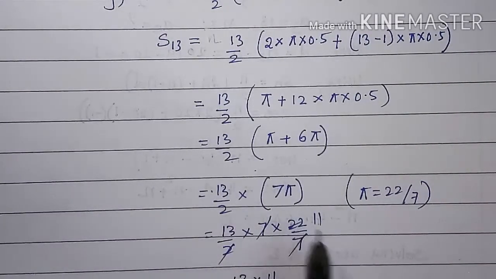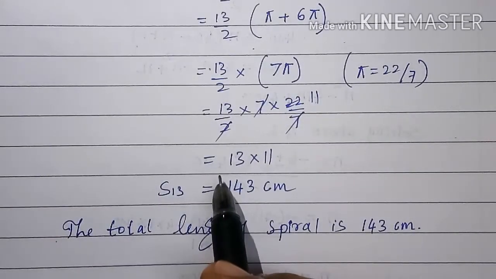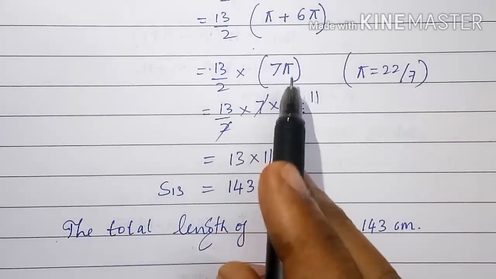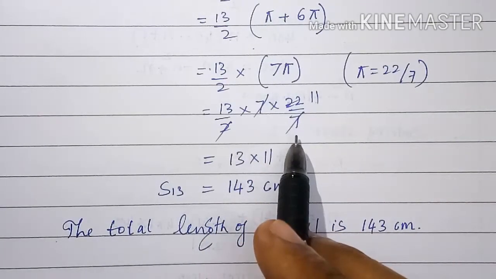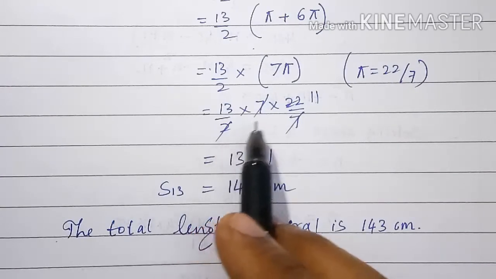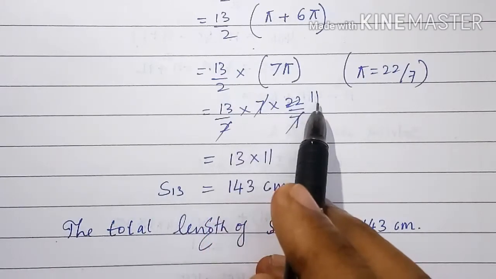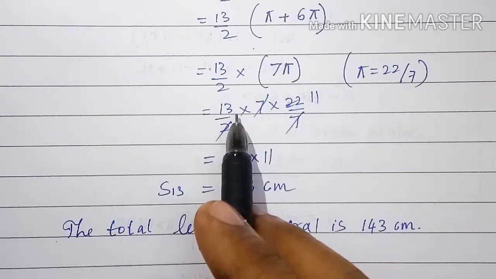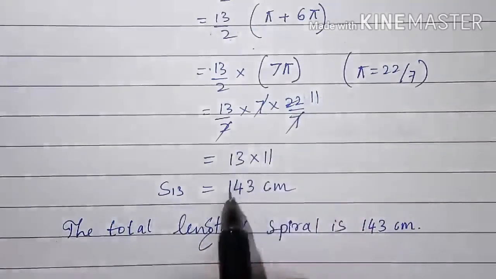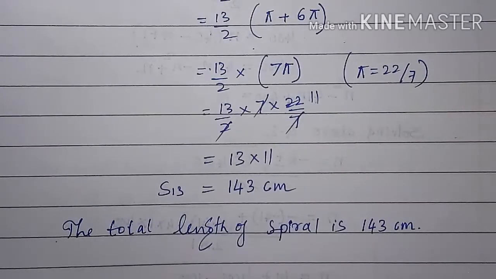So 13 by 2 into 7 pi. Now we'll substitute for pi equal to 22 by 7 and we'll cancel 7 by 7, and also we will cancel 22 by 2, which gives us 11. So 13 into 11 is equal to 143 centimeters. The total length of spiral is 143 centimeters.